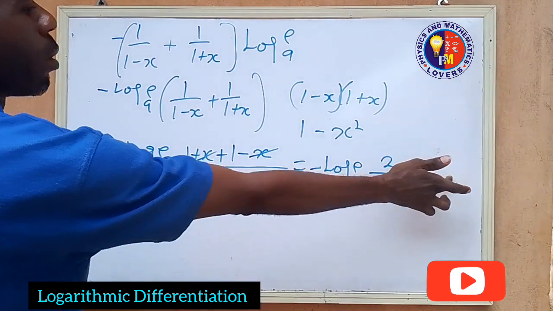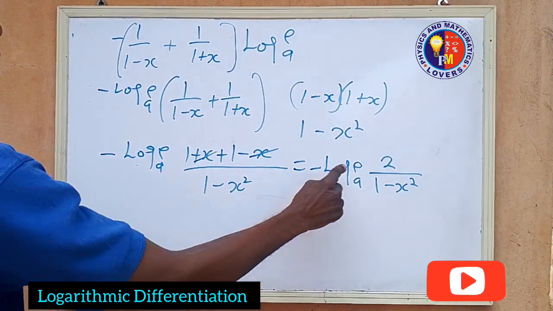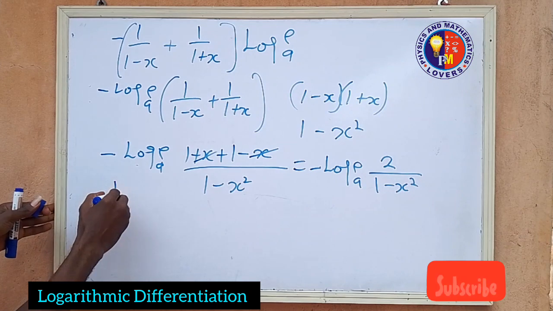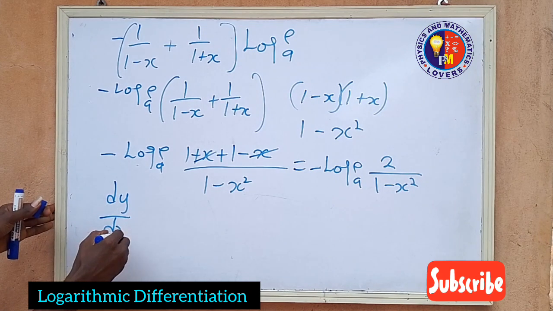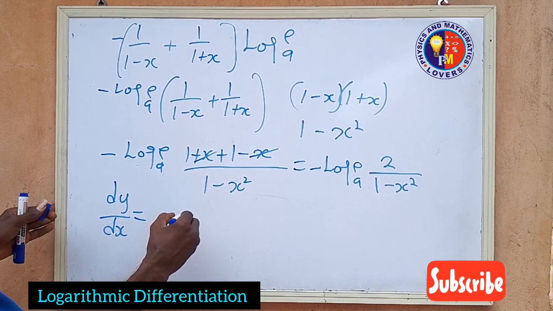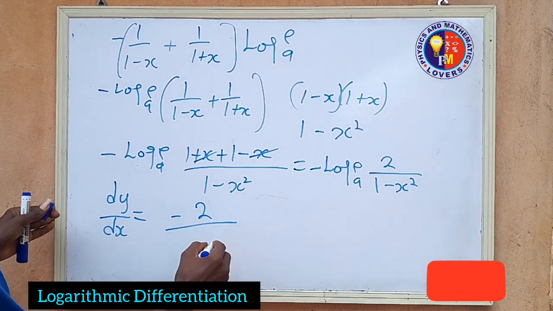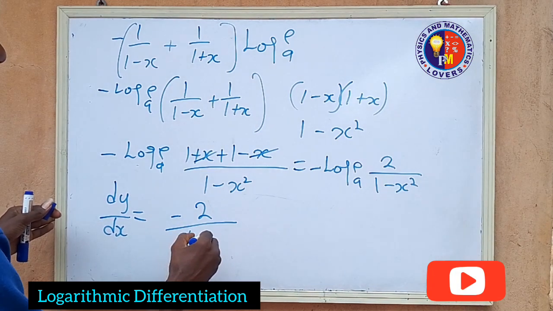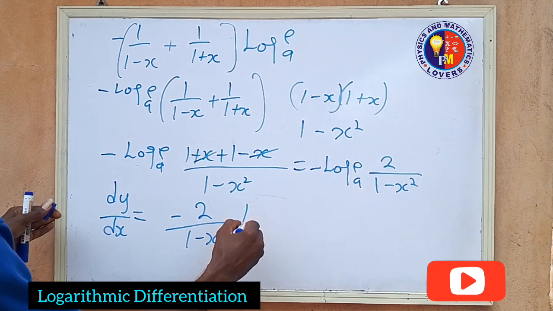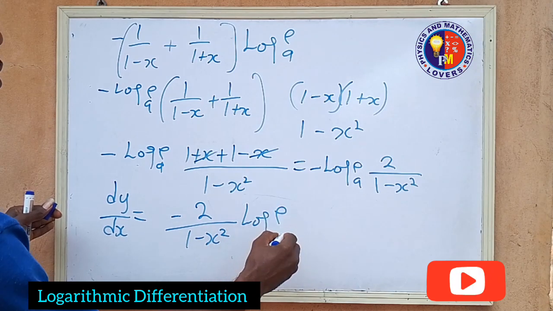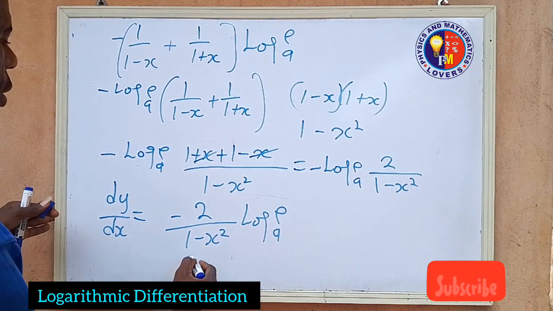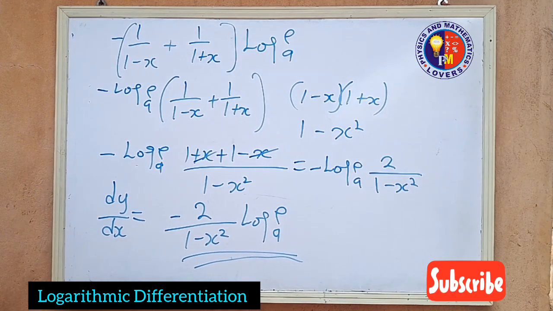So the log has to come to this other side. And here is negative, which means my final answer, the dy/dx, is equal to negative 2 over 1 minus x squared, then log e to base a. That is our final answer.